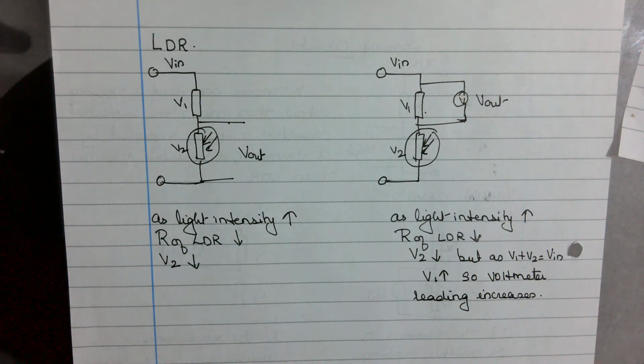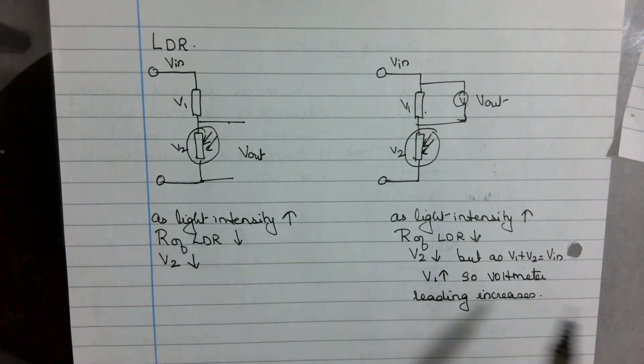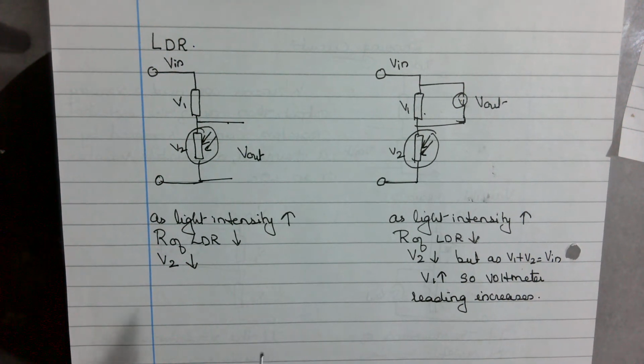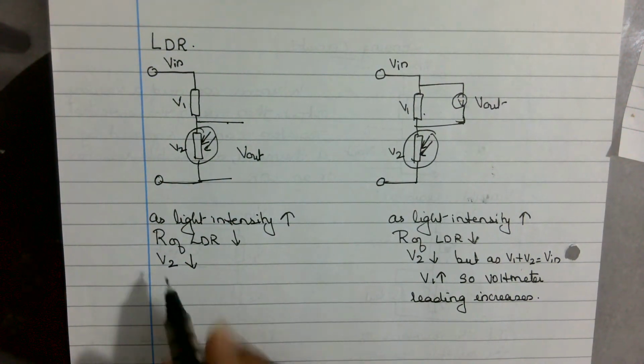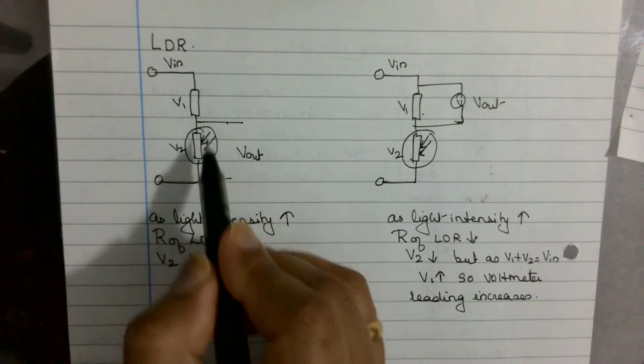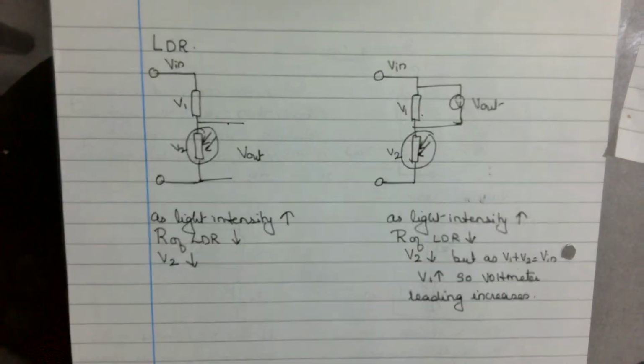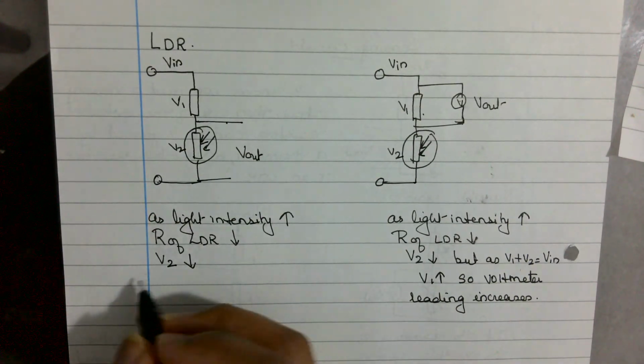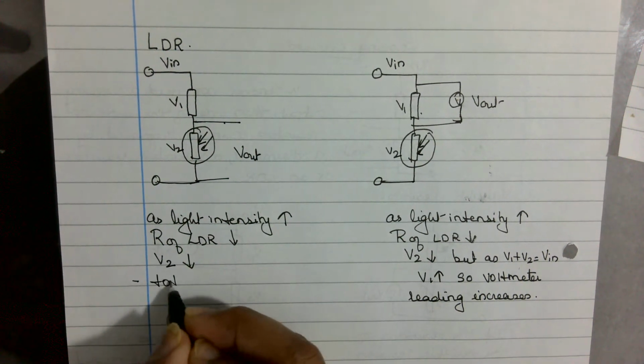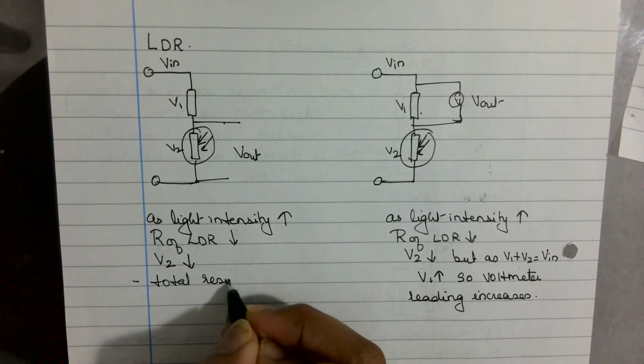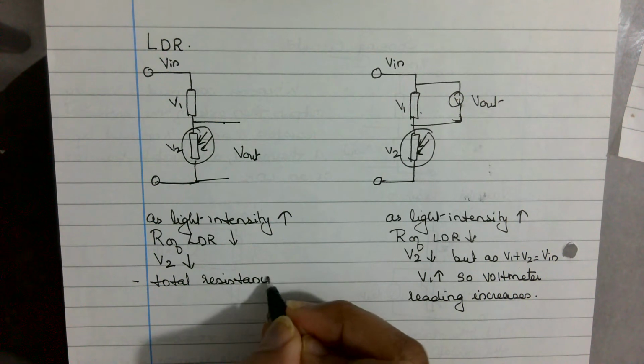Now in all of them, irrespective of whether you use an LDR or a thermistor or a variable resistor, in all these circuits, they are connected in series, isn't it? So when the resistance of one component decreases, the total resistance of the circuit decreases.